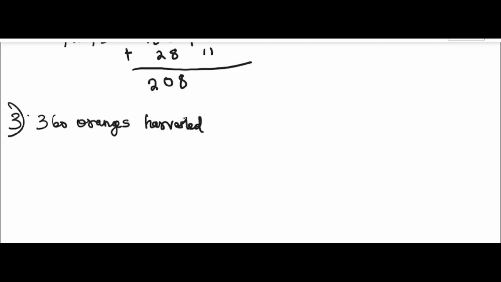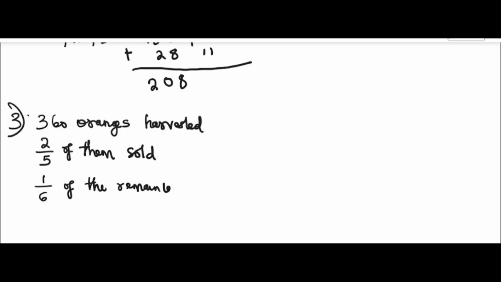I'm just trying to get my information straight before I start. 2/5 of them sold. Then 1/6 of the remainder, given away.